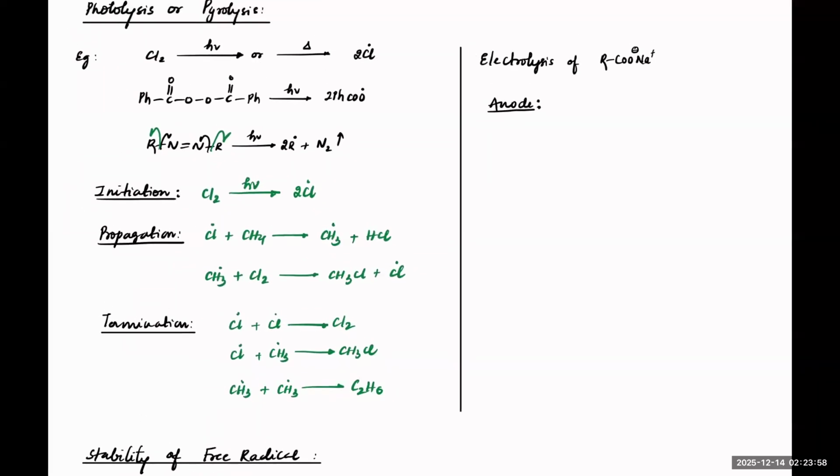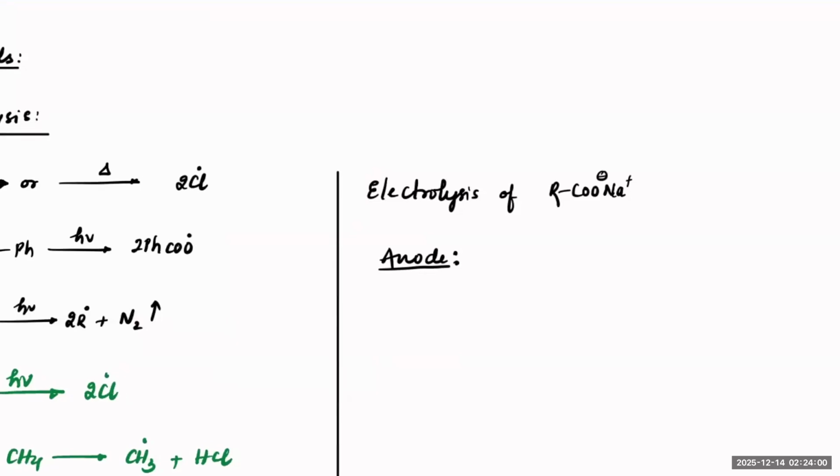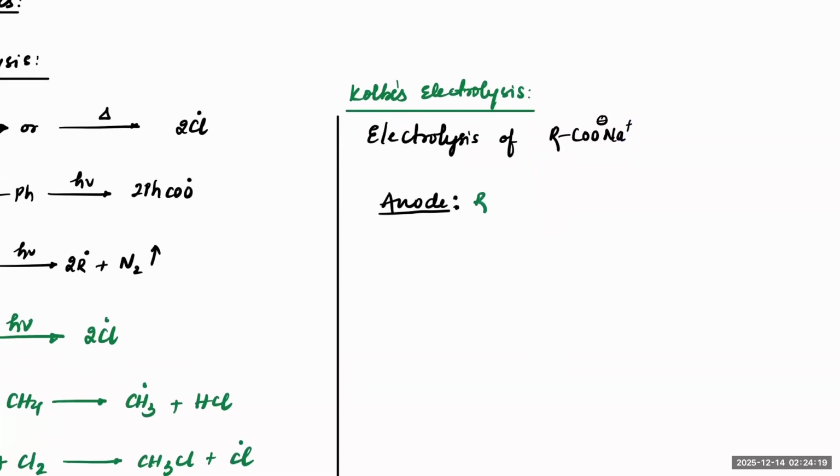One such case you will always come across is Kolb's electrolysis. Okay. Kolb's electrolysis, very important in the upcoming topics. So here, if you hydrolyze a carboxylate salt, at the anode end, you will see RCOO minus.